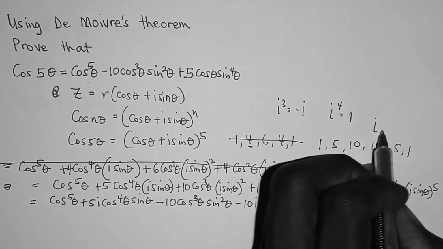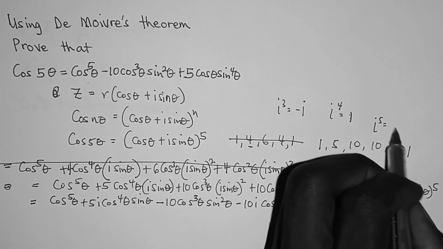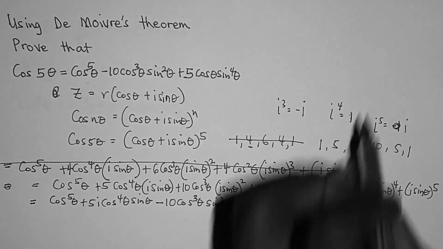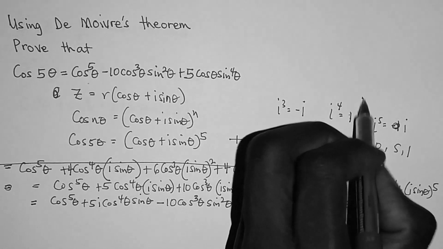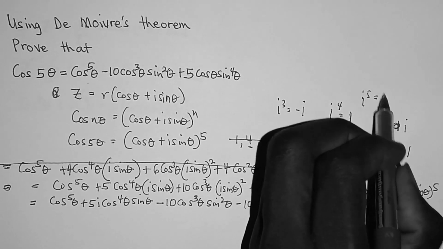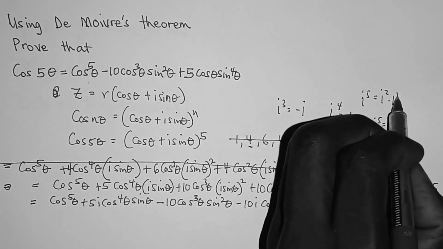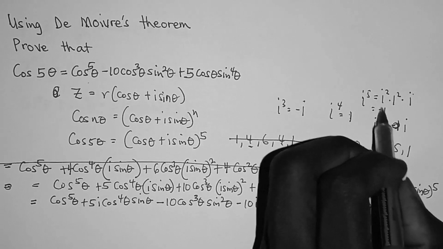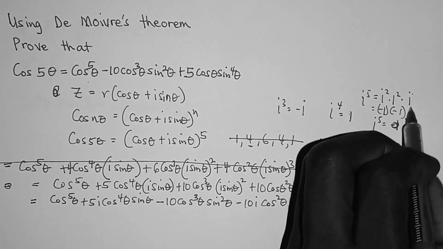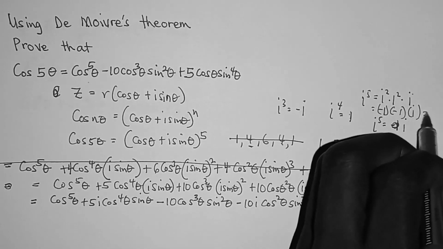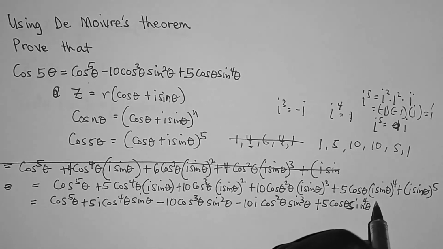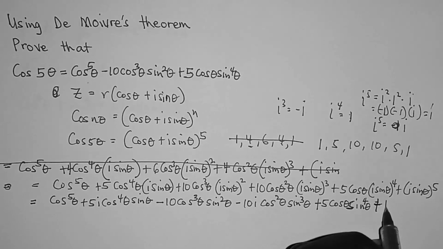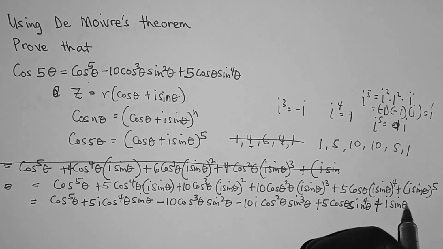Then i exponent 5 can be written as i squared times i squared times i, which is minus 1 times minus 1 times i, so this is equal to i. Therefore, this is giving us plus i sine theta exponent 5.